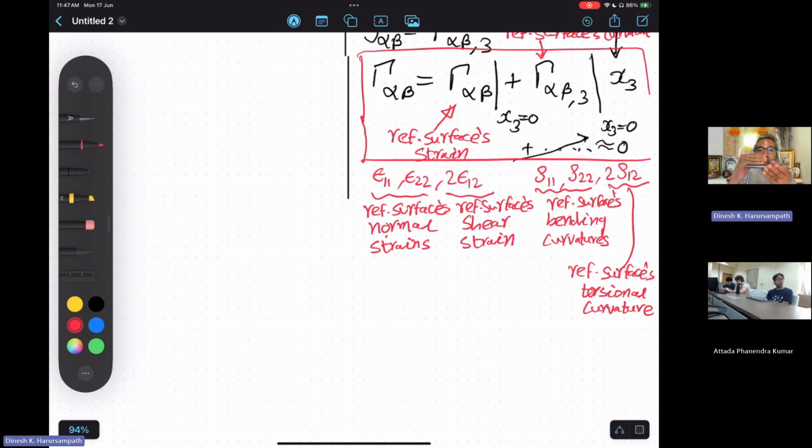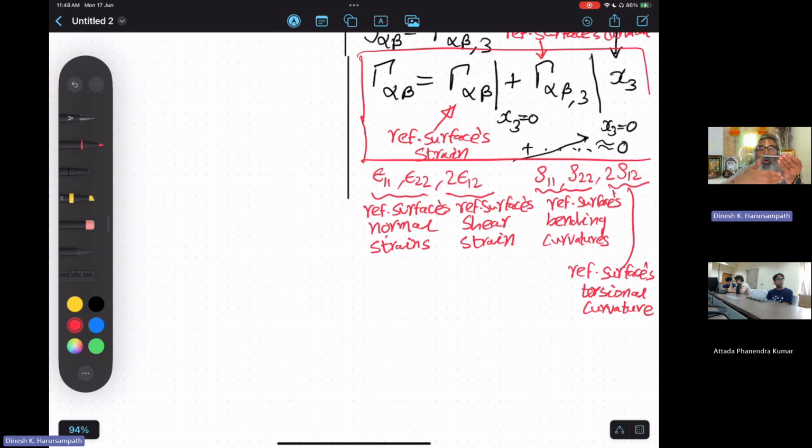So you see that different locations of X3 will have different curvatures, but there is the datum that we have chosen, which could be in many cases the mid plane or mid surface, but could be anything else as well. So that reference surface, whatever it is, whether it is within the actual material or outside, on either side, has its thickness normal strains, its shear strains within the plane, and also the bending curvatures.